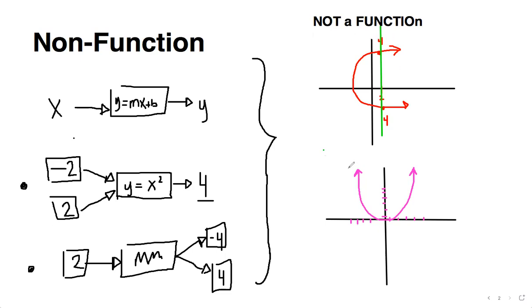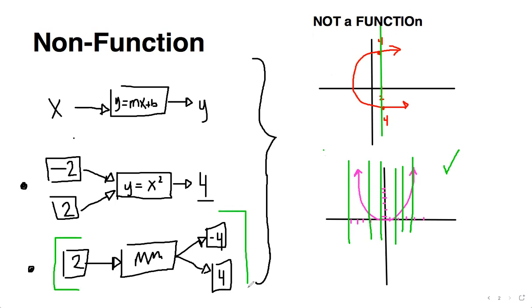But if I draw a vertical line anywhere on this function, the function only touches my vertical line once. Therefore, this is a function. So it kind of helps us to see it graphically. And then it also kind of helps us to see what it means for the inputs and outputs.